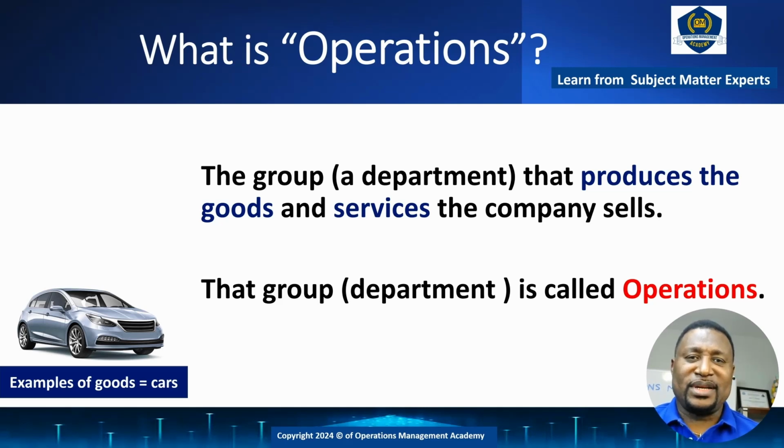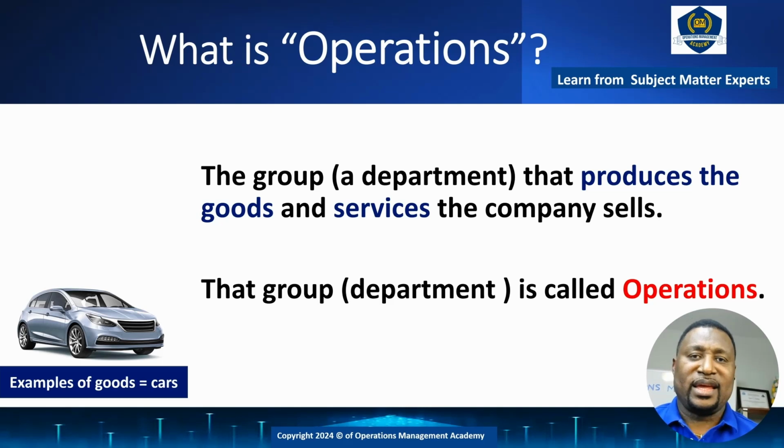So what is operations with S? Operations is a department in a company. In an organization, a group of people who work to produce goods and services that the company can sell or the company can just distribute. That group of people, we call them operations.